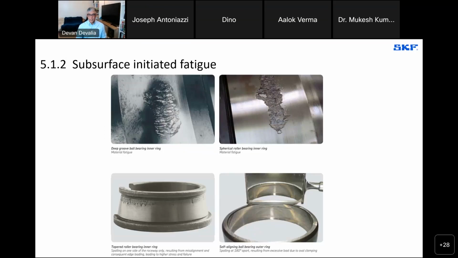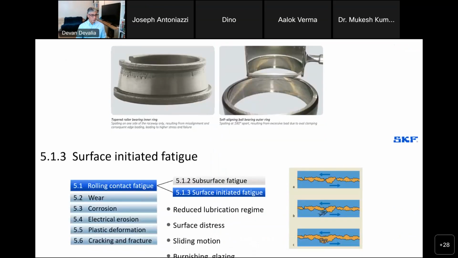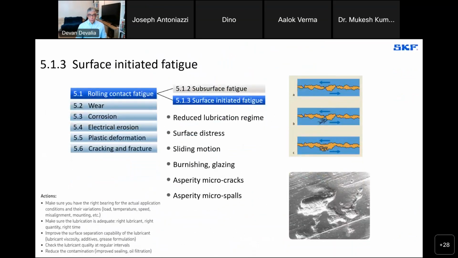So you see here some different bearing types. Okay, surface initiated fatigue, and it's sometimes the art will see, initially you'd think, what's the difference between the two? But they're two very different failure modes, and if you misidentify them, you end up with the wrong corrective actions. Okay, so this damage is related to lubrication proper.